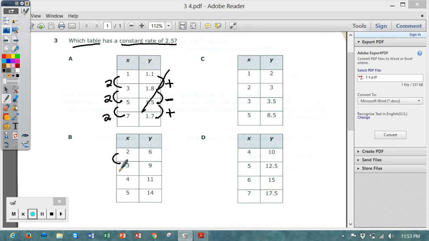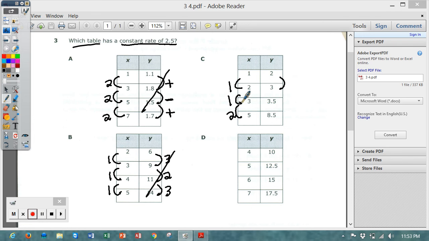When you look at these, it's a change of 1 every single time. And when you look here, it's a change of 3, and then a change of 2, and then a change of 3 again. So again, this side is a constant 1, 1, 1, but this side is not a constant rate of change. C, it's changing 1, and then 1, and then 2.